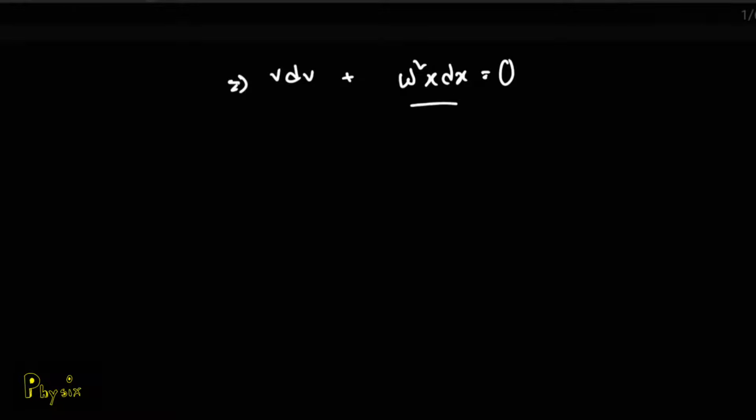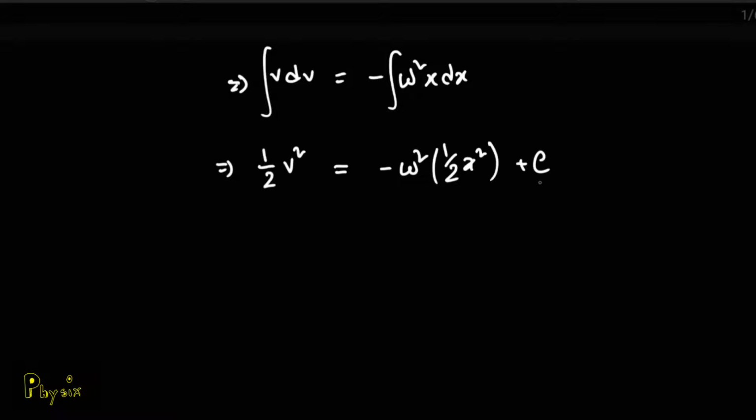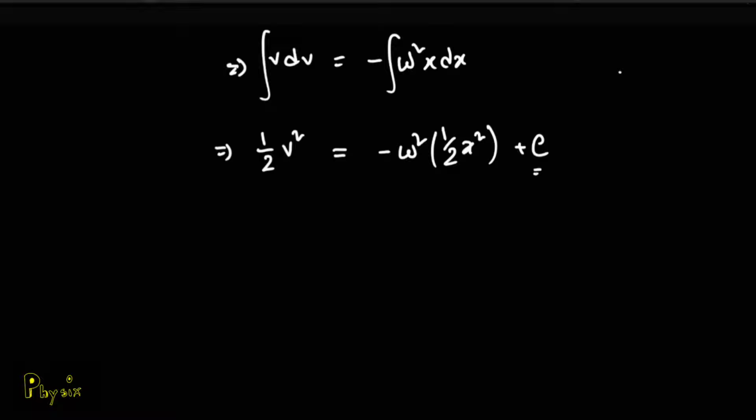If we take this to the right side, we are left with this, and we want to integrate both sides. By integrating, we are left with this, where c is the integrating constant. Notice that in the pendulum, at the maximum displacement, which is x equal to amplitude a, the velocity of the bob is 0.